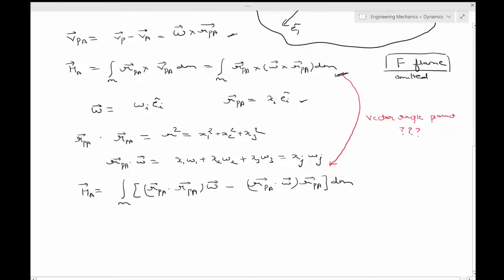Okay, fine. Now since this is a vector, we can write its ith component. So HA, as you know, is a vector, so this can be written as HAi ei hat.